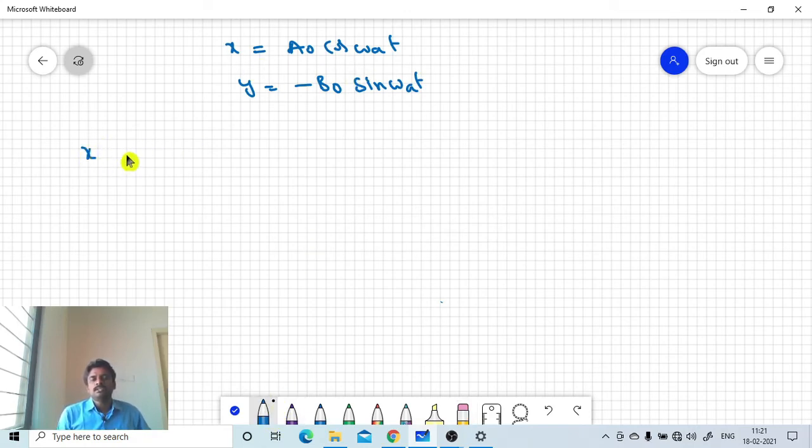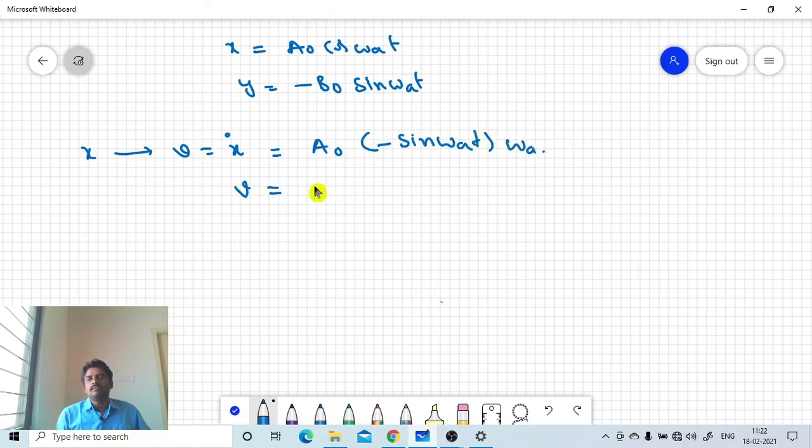If x is the displacement, then velocity v is equal to x dot, the one-time derivative of the displacement with respect to time. For the first pendulum, a naught is the constant, and the derivative of cos is minus sine of omega a t, times omega a. Finally, the velocity of the first bob is va equal to minus a naught omega a sine of omega a t.